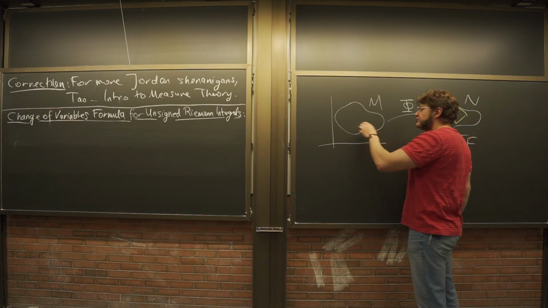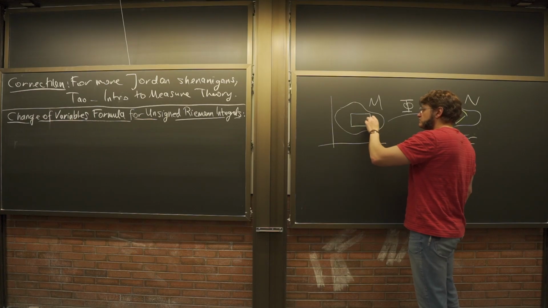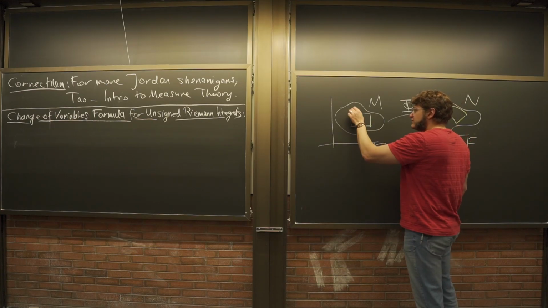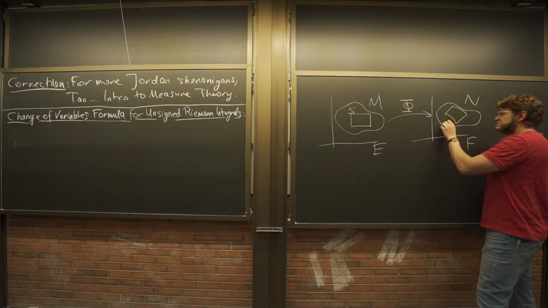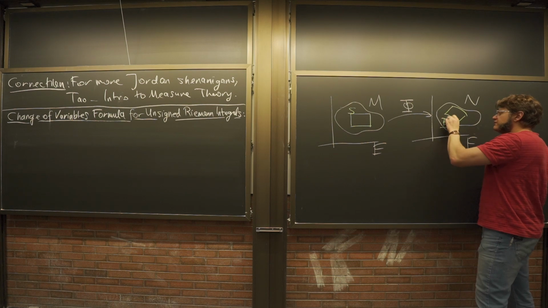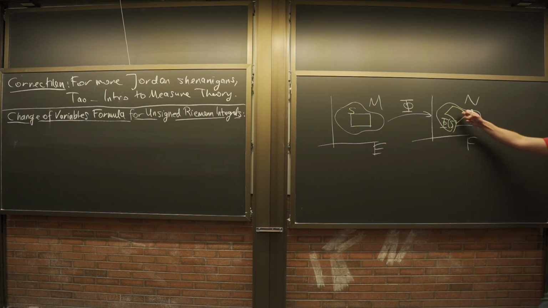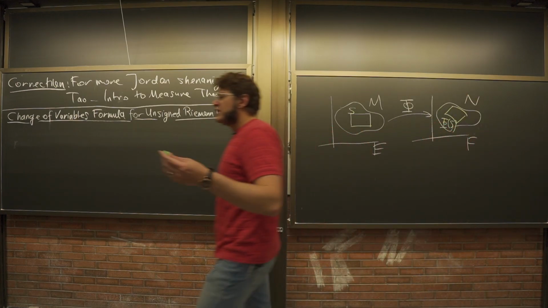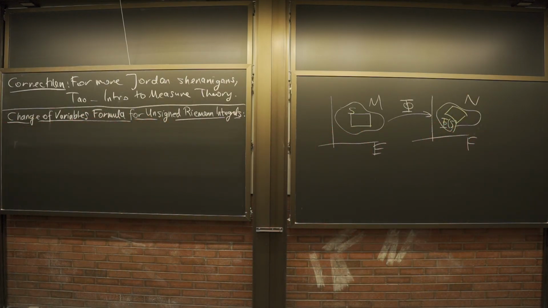And this really comes from another subset like this. Let's call this subset S, so that the image is phi of S. And on phi of S, I want an integrable function, taking values in the space of real numbers or some other finite dimensional norm space. For simplicity, let's assume that our function is taking real values.